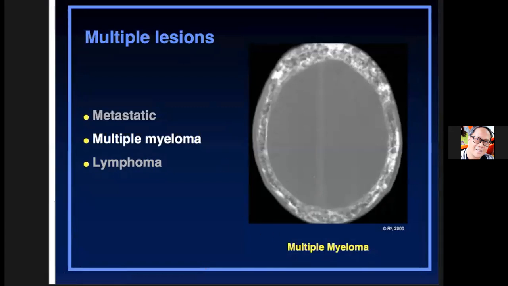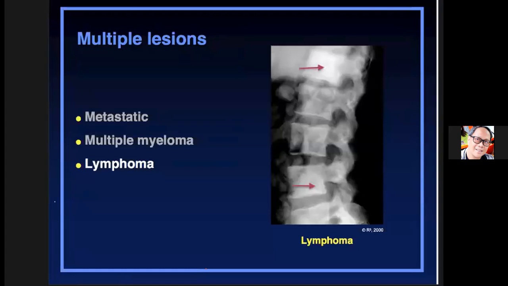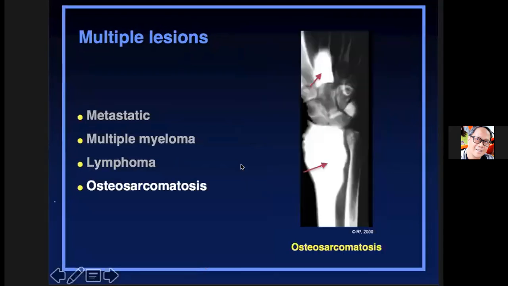You see that what's involved is the calvarial cortex, the cortex of the calvarium. So this is lymphoma. Look at the blastic change. Some more multiple lesions, osteosarcomatosis. So you have multiple areas of involvement.